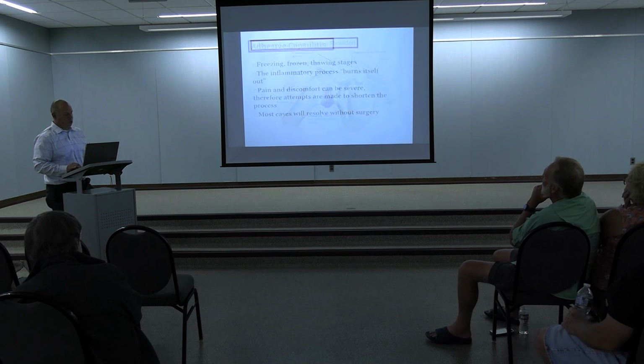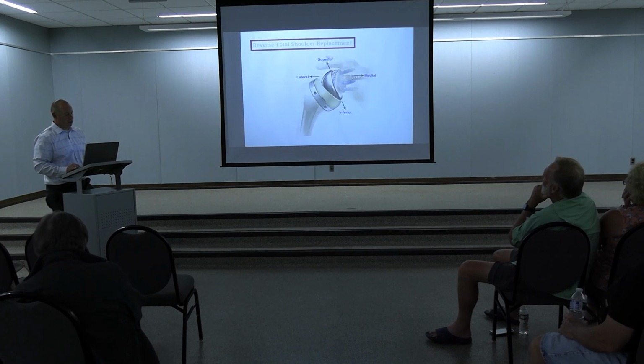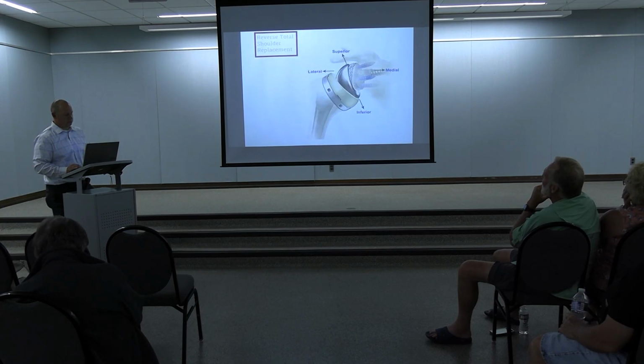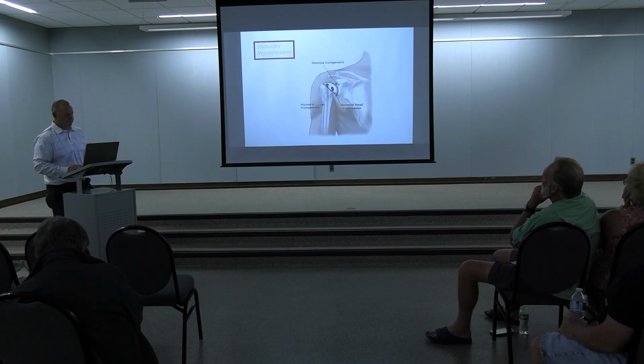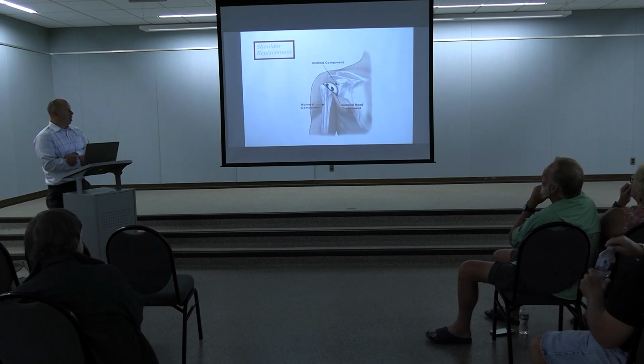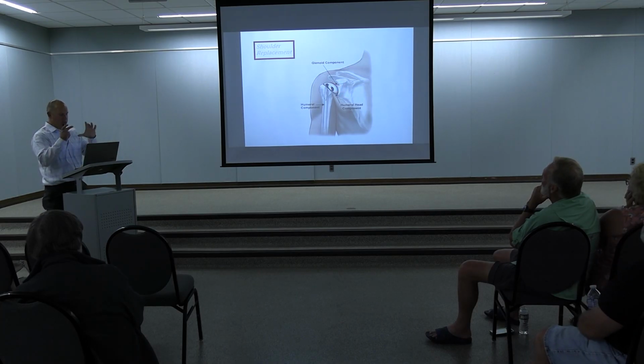We ream or broach, or basically pound in prostheses of increasing size until you get a good fit with the bone. And then we'll also ream the bone on the socket side, and we'll size that socket so you get an appropriately fit socket.